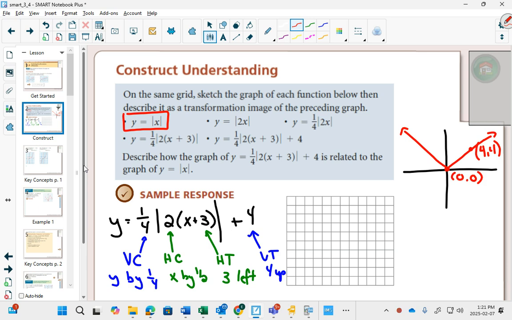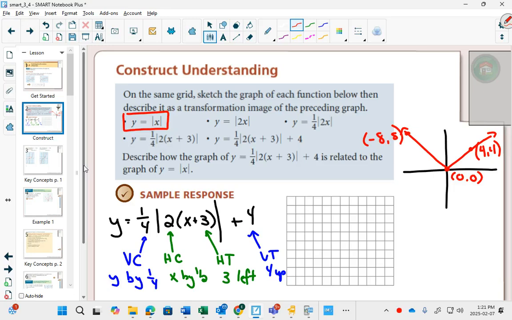I'm going to choose 4, 4. Because you see that we have to multiply our y value by 1/4. So at least I won't have to do, if I use 1, 1, I'm going to have to use fractions. If I use 4, 4, then I don't have to use fractions. Same thing, I'll choose a point on this side.